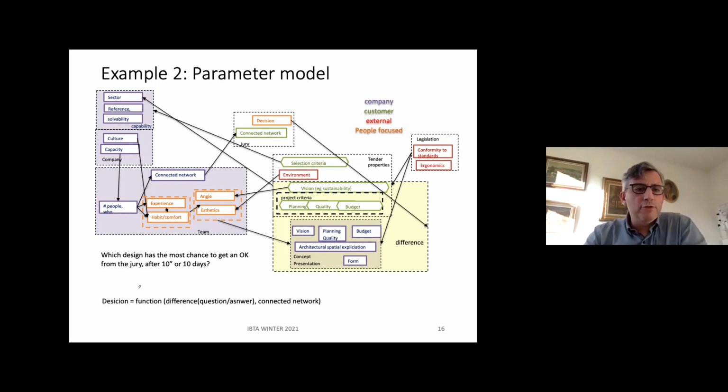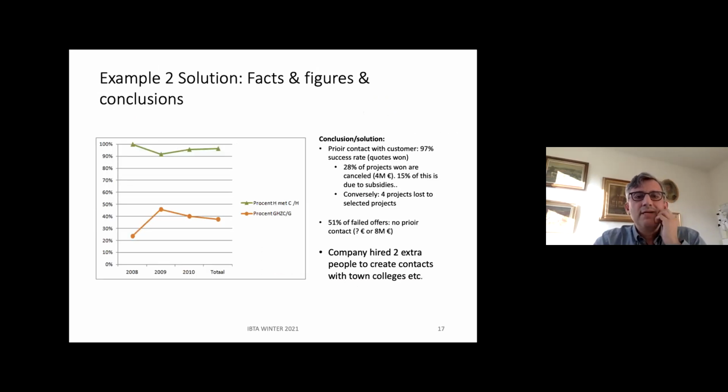Just a detail, you could say the decisions that these people make are a function of the difference. And the difference is depending on the difference between all those specific attributes, and the decision is also depending on the network. And in fact, it was more dependent on the network than on the difference. In fact, we found out, we'll see it in the next slide, that if they had prior contact with their customer, they had 97% chance of winning it.